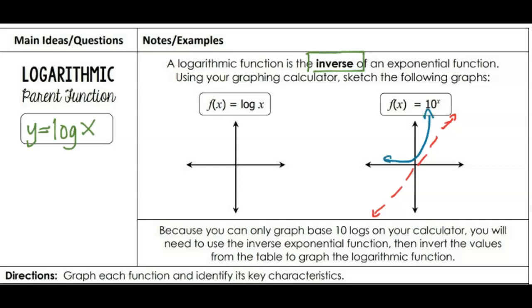If we think about it from the same perspective of flipping it over, the log of x is going to have a vertical asymptote at x equals 0, and it's going to head off to the right, and it's probably going to look like that.